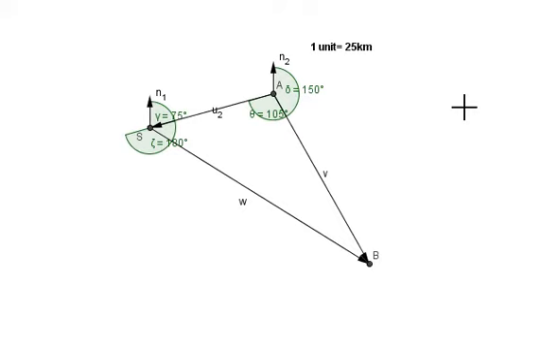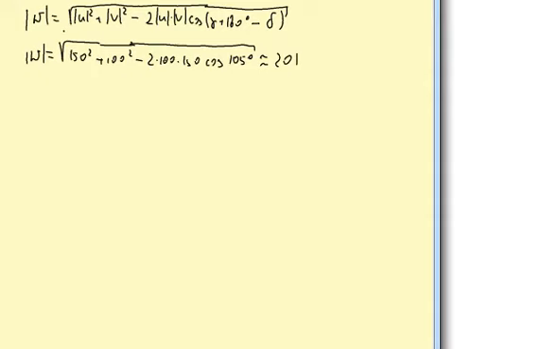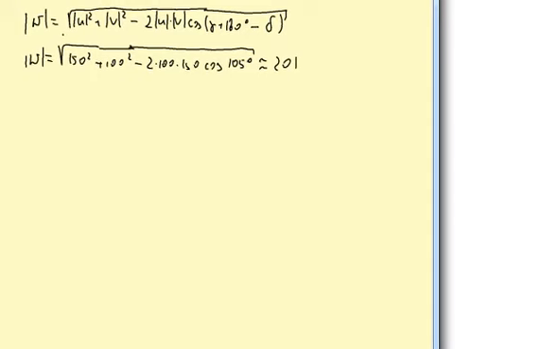So now we can plug in the values. Well, first let's derive the formula. Here's the formula.